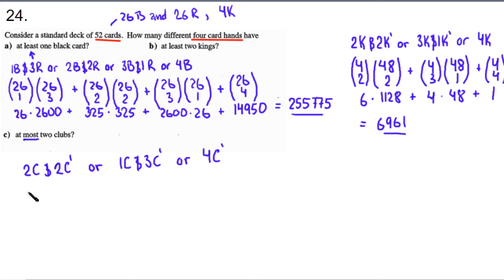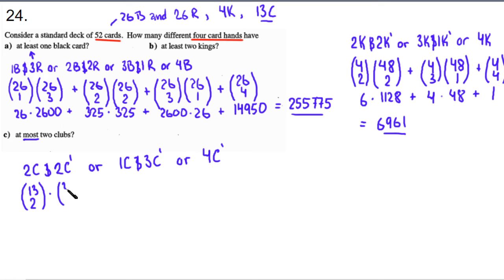Okay, so for 2 clubs, there are 13 clubs in a standard deck of 52 cards. So 13 cards per suit. So it's going to be 13 choose 2. Times, how many cards are not clubs? Well, 52 minus 13, 39.